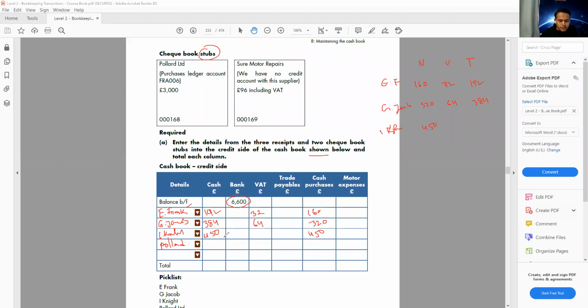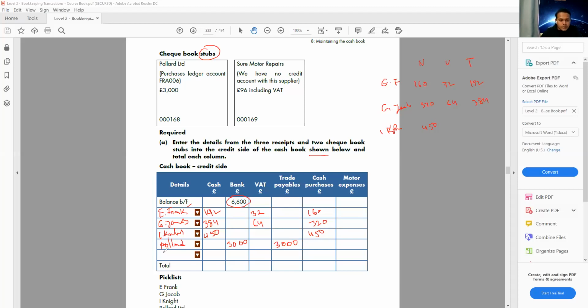Then which column am I going to move it to? Trade payable, cash purchase, or motor expense? Trade payable. And there will be no VAT because it's our credit purchase.